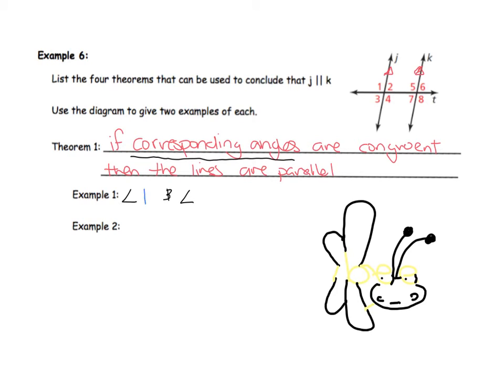We can go with angle 1 and angle 5. They're in the exact same location, so they would have to be congruent. We can also say angle 4 and angle 8 are corresponding, so that can be proof that these two lines are in fact parallel.